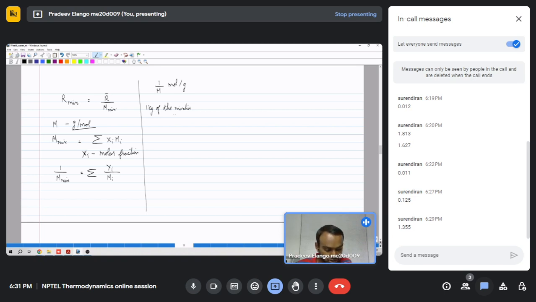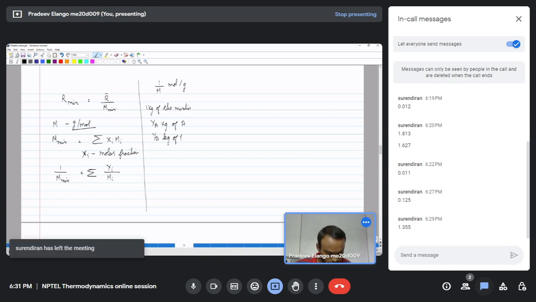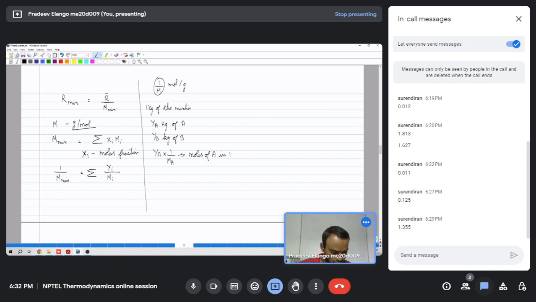So in 1 kg of mixture we will have ya kg of A, and similarly yb kilograms of B. Now if you multiply ya into 1 by mA, this will give you moles of A in 1 kg of mixture.